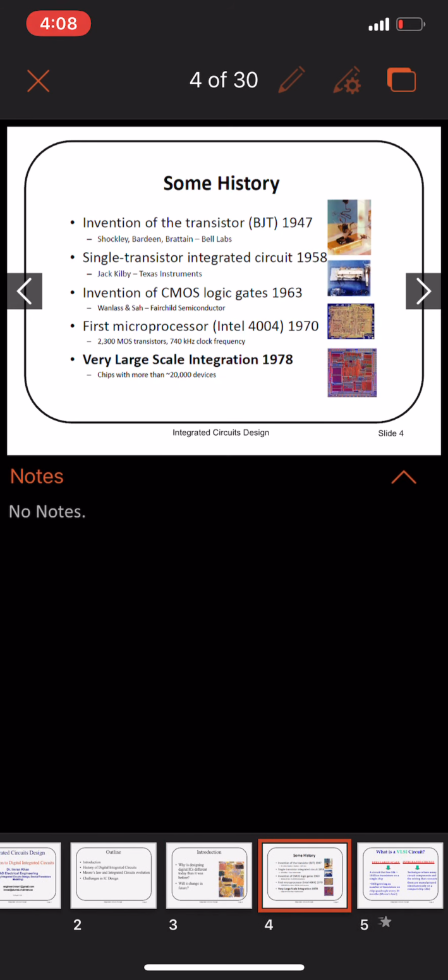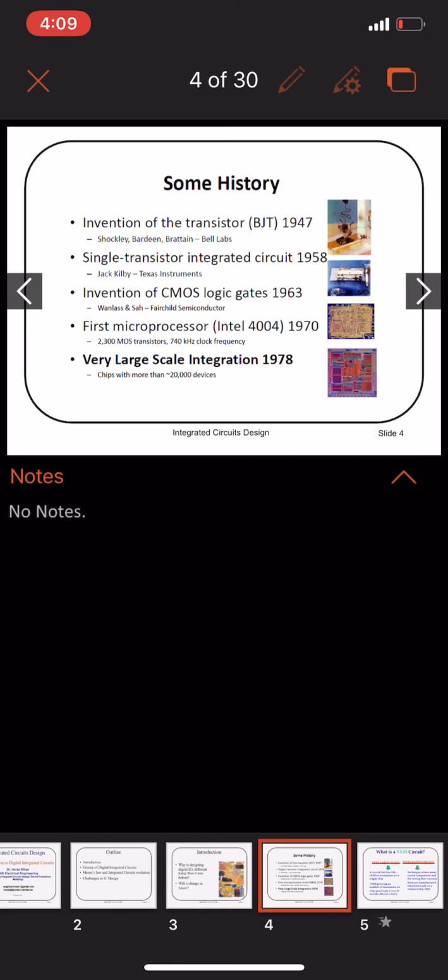Okay, let's start from the history. As you know, the BJT, bipolar junction transistor, was invented in 1947, and the single transistor integrated circuit was built in 1958.